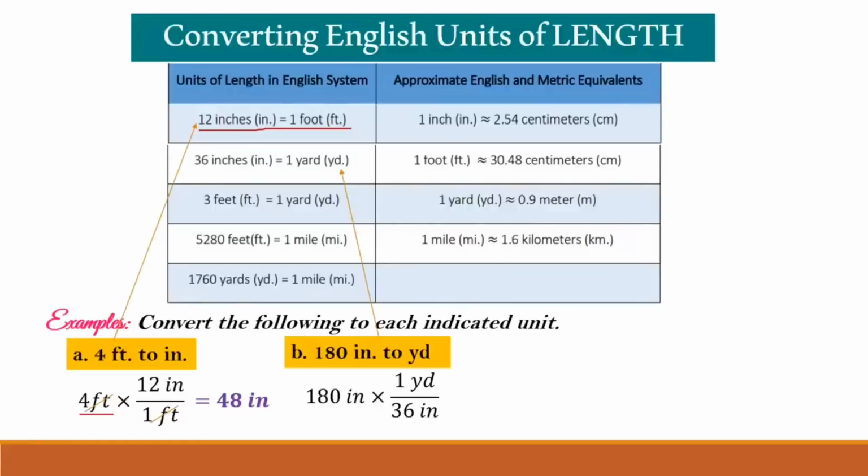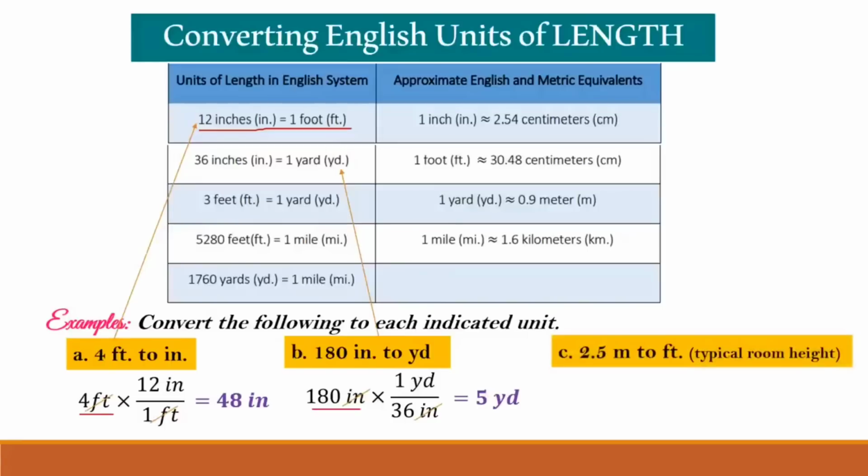Using that, we again write our original number that we are converting, which is 180 inches, times the unit fraction 1 over 36, wherein 36 is in inches and 1 is in yard. And we can cancel inches and we can multiply 180 times 1 divided by 36. And the result is 5 yards. So our answer for letter B is 5 yards.